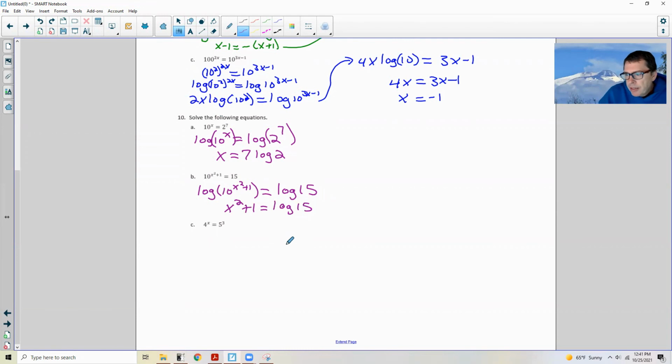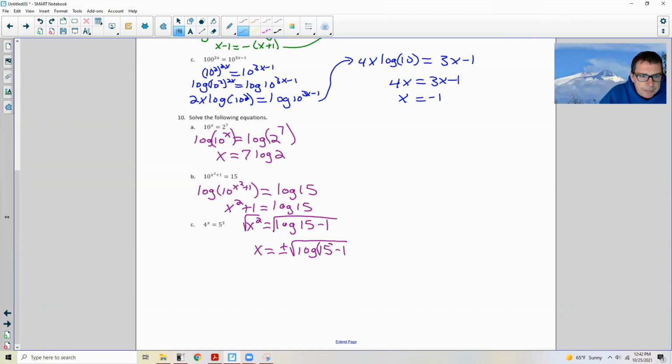Then I'm going to subtract 1 from both sides. That will give me x squared equals the log of 15 minus 1. And then to get x by itself, I'm going to take the square root of both sides. And that is going to give me x equals plus or minus the square root of log 15 minus 1.